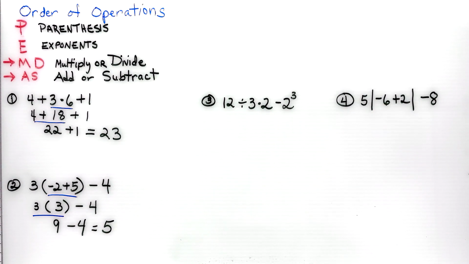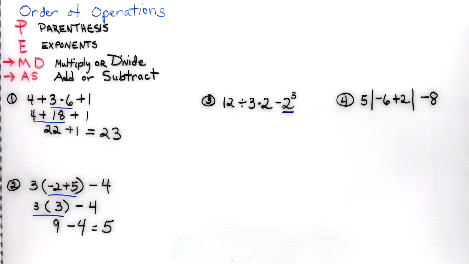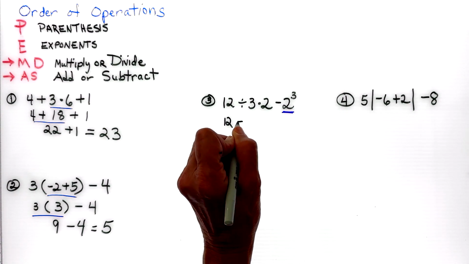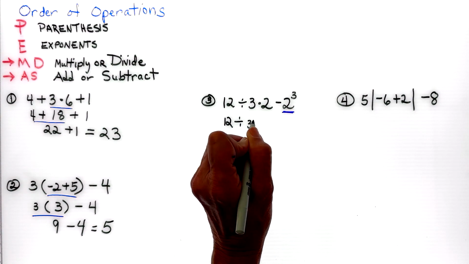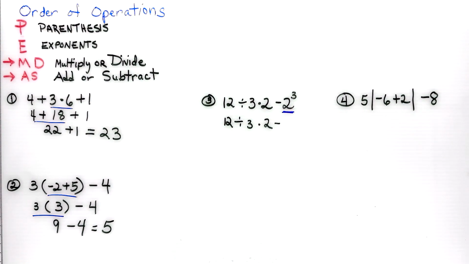So looking at this problem, I see I have no parentheses, so I am going to my exponents. And again, remember, you copy the expression as is without doing anything until you actually simplify the exponent. So 2 cubed, or 2 to the 3rd power, is 2 times 2 times 2, and that's equal to 8.